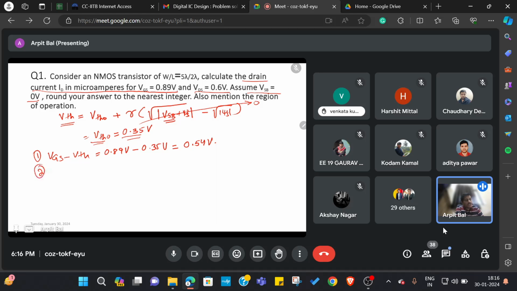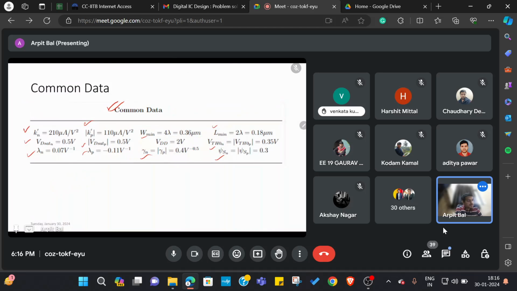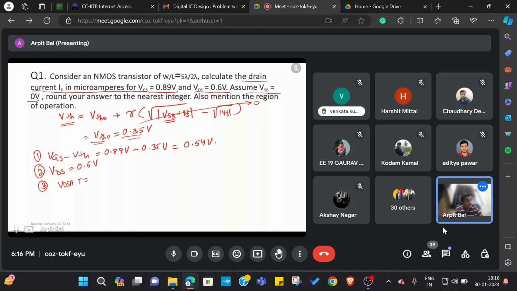This is the first thing. Secondly, VDS is equal to 0.6 volt. Third, VDSAT is equal to 0.5 volt.